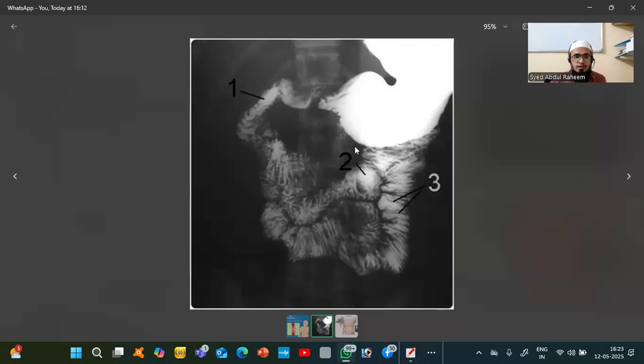How can you identify them? Feather-like, wing-like substances are mostly duodenum. This is ileum. So right side ileum, left side duodenum. So this is the third type of X-ray.